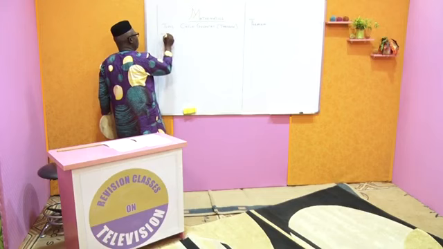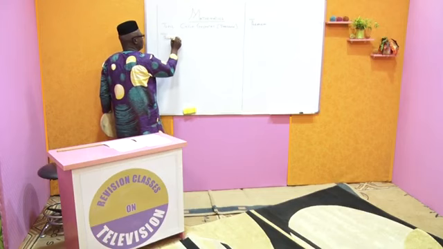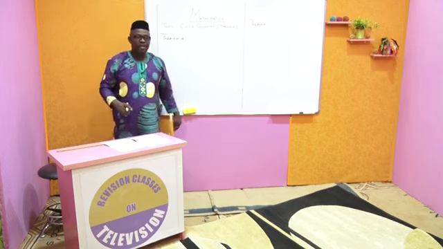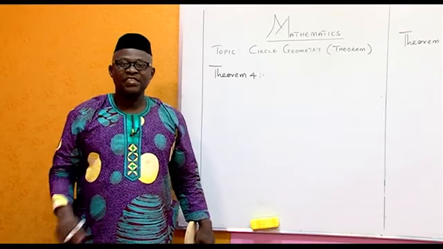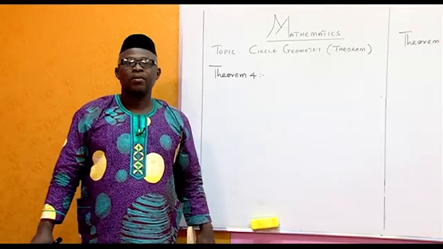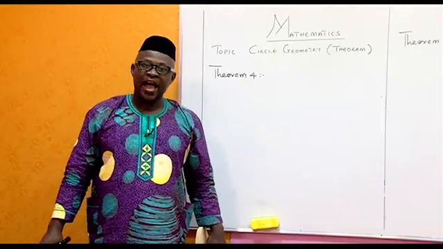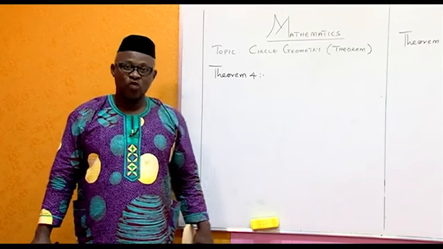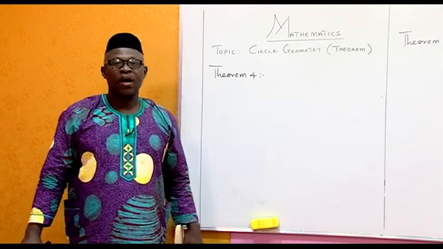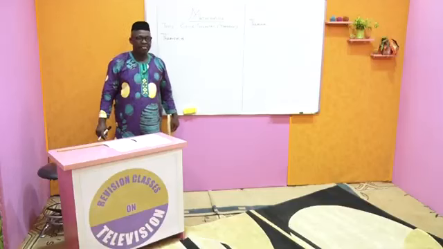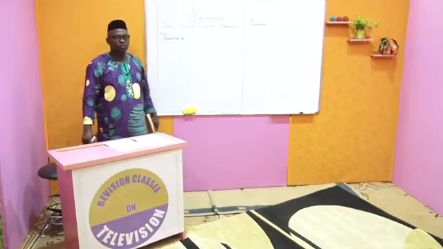So theorem 4 is talking about cyclic quadrilateral. It says opposite angles of a cyclic quadrilateral are supplementary. What do we mean by the angles being supplementary? It implies that when you add the two angles together, you get 180 degrees. Let me write this theorem on the board and illustrate with a diagram.